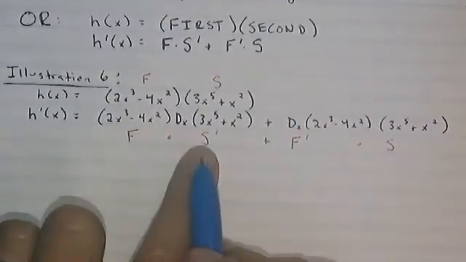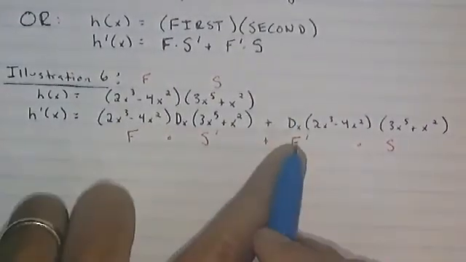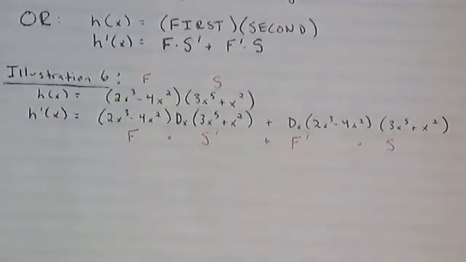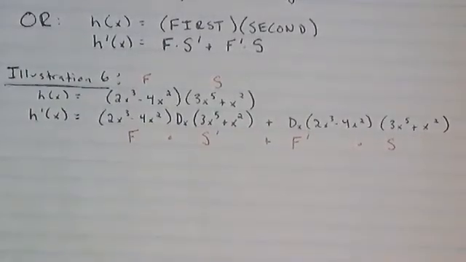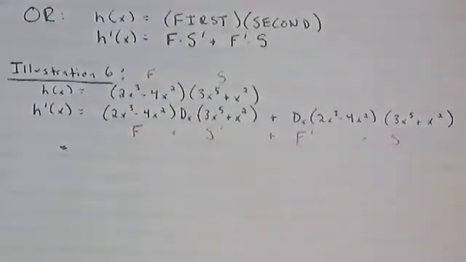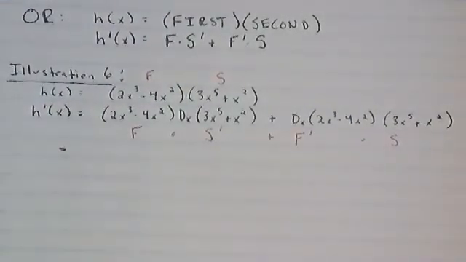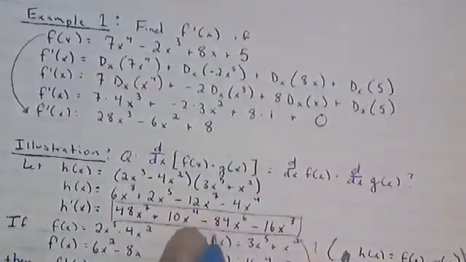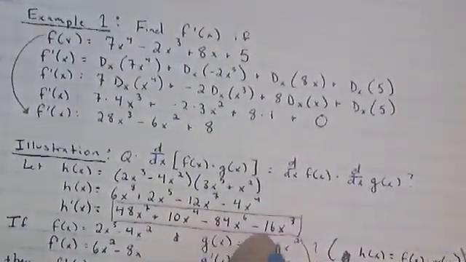First thing times the derivative of the second thing plus the derivative of the first thing times the second thing. All right, let's see if this actually gets us to where we're expecting, which if you recall is 48x to the 7th plus 10x to the 4th minus 84x to the 6th minus 16x cubed.